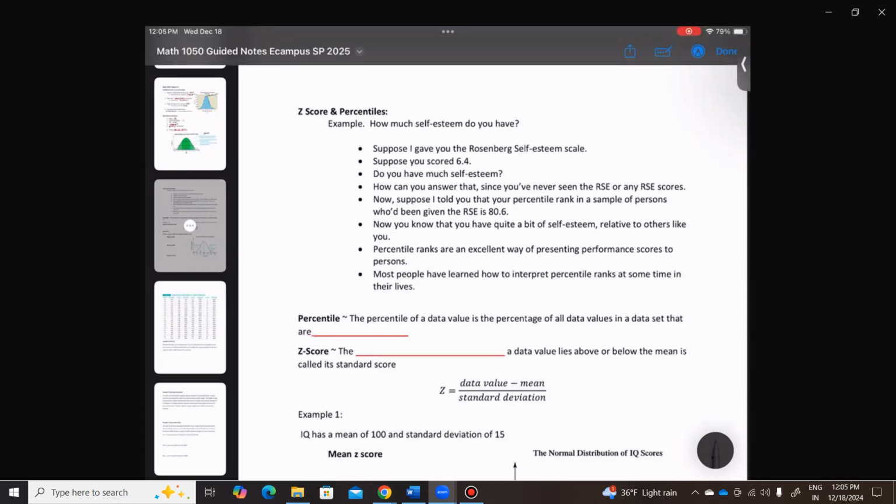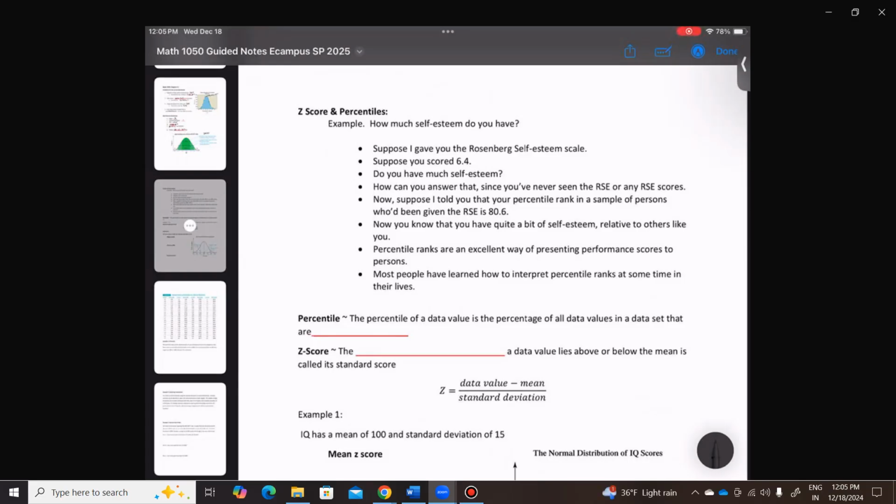All right, so if we were to look at a Rosenberg self-esteem scale, and suppose you scored 6.4 on that scale, do you have much self-esteem? Right. How can you answer that? Since you've never seen the scale, for any of these scores.